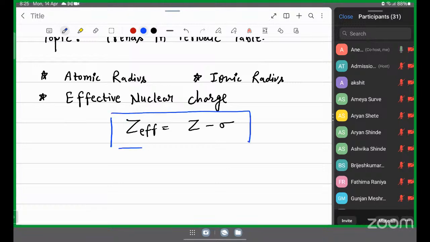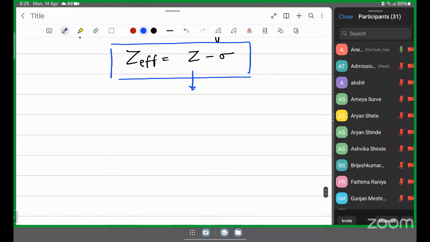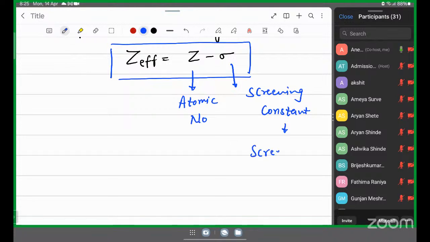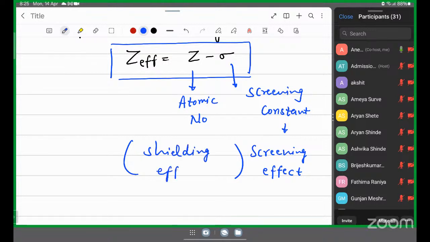In this case, Z is atomic number of the atom and sigma is known as screening constant, which is the measurement or quantification of screening effect. Screening effect is also known as shielding effect. So what is the concept of Z effective?